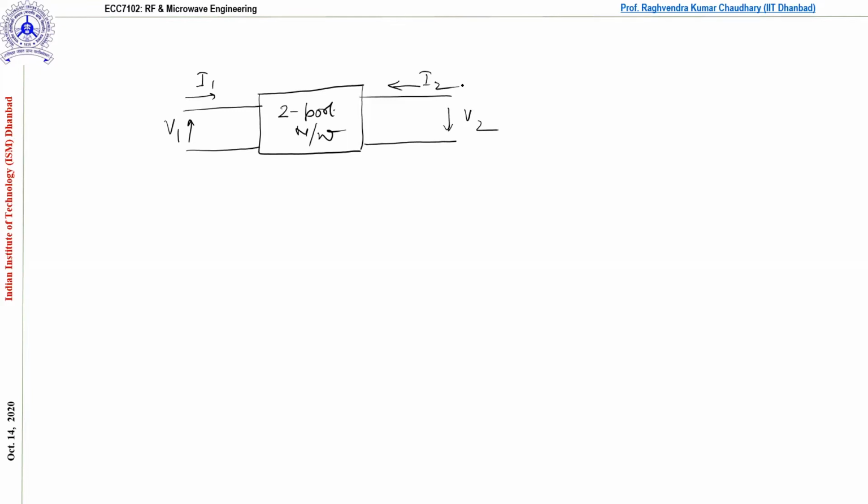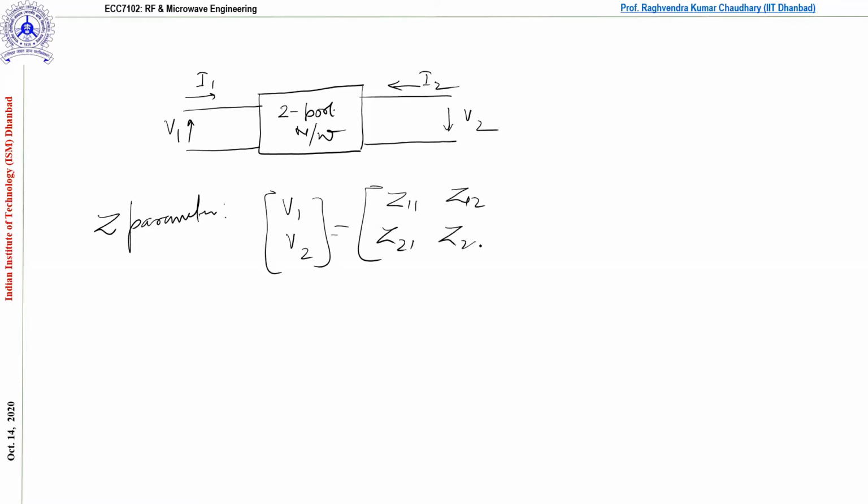And for this two-port network, we define a number of parameters, like the Z parameters, given as V1, V2, Z11, Z12, Z21, Z22, I1, I2.